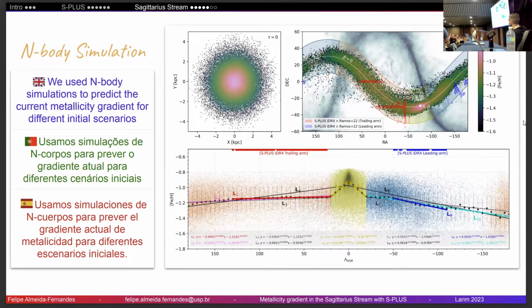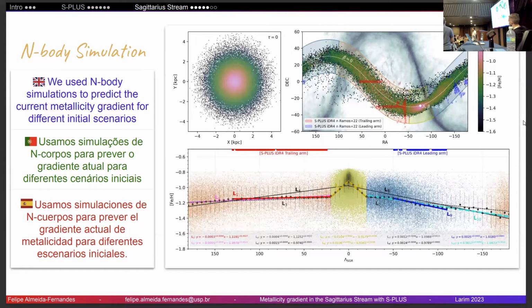And once they are close to pericenter, they speed up. So first the leading arm stars speed up and stretch out. Then the object gets faster. Then the trailing arm speeds up and stretches out.